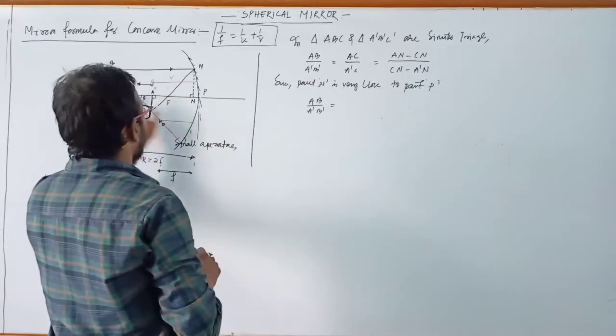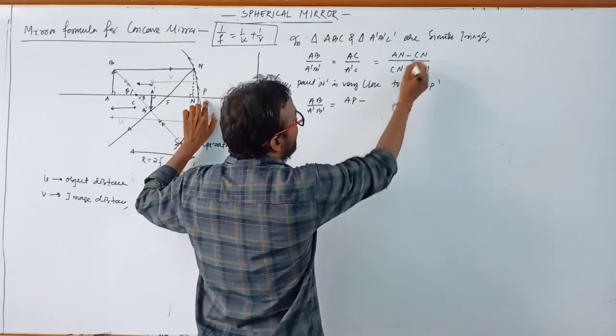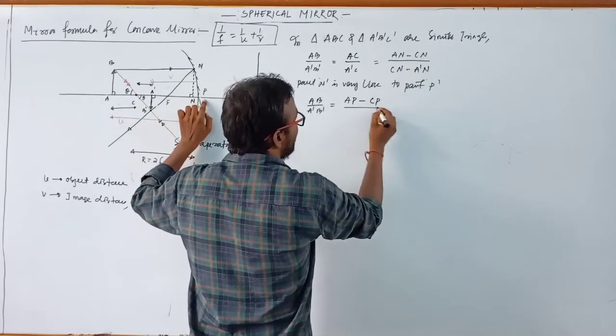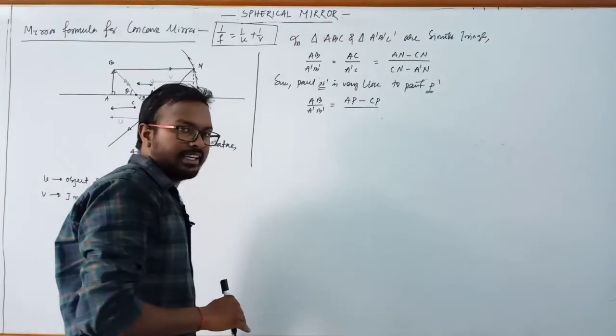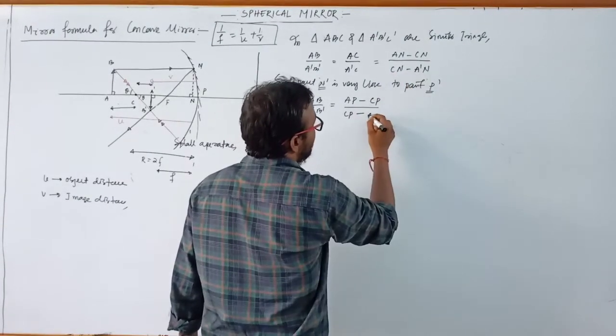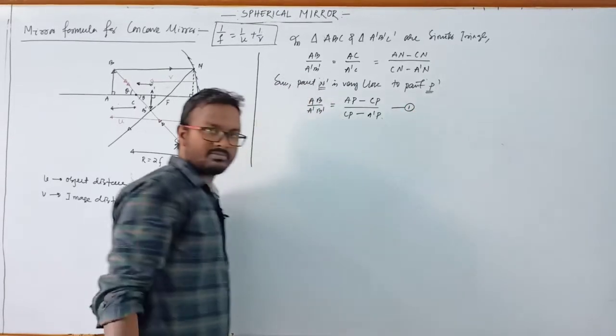AN means AP, that is AP minus CP, because N and P are very close to each other. We can replace N in terms of P, and this equals CP minus A'P. This is equation number 1.